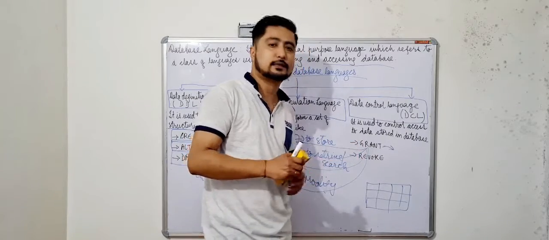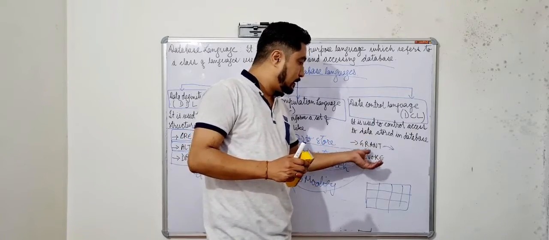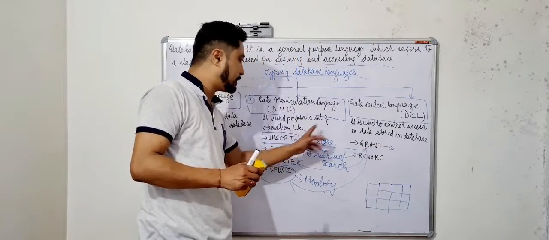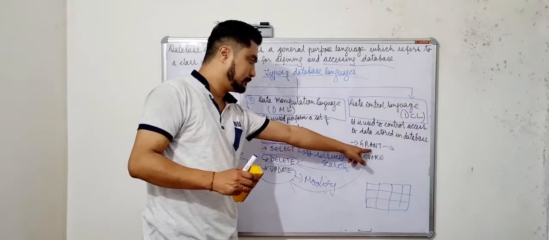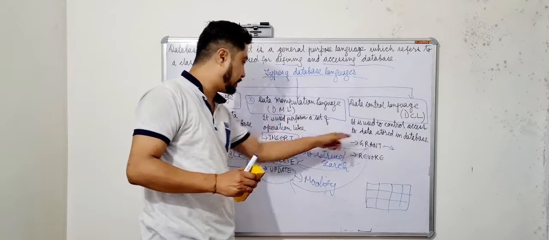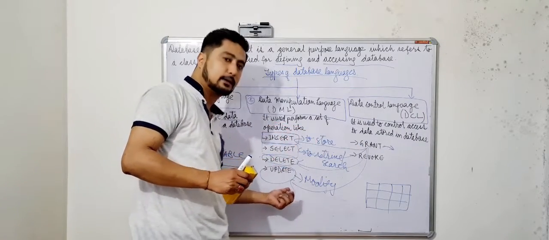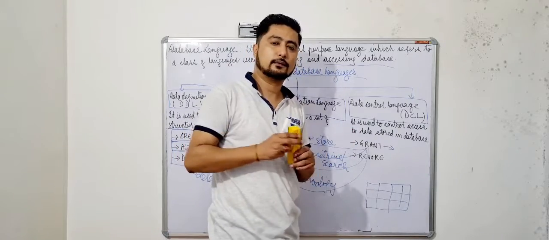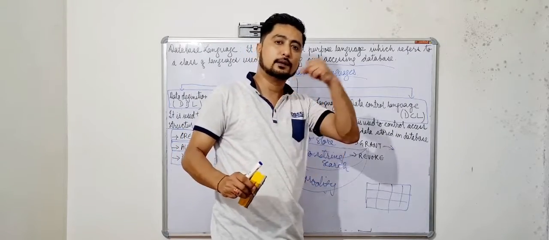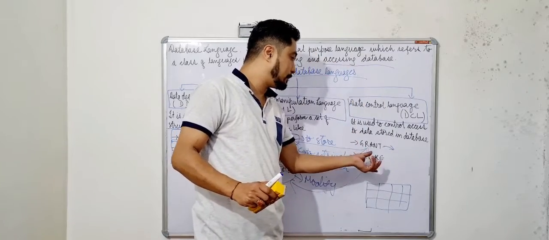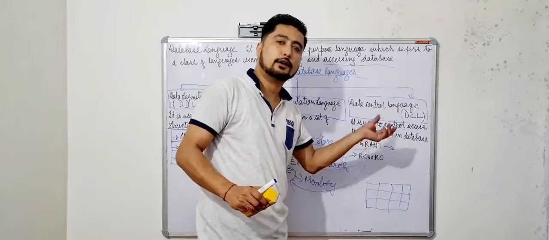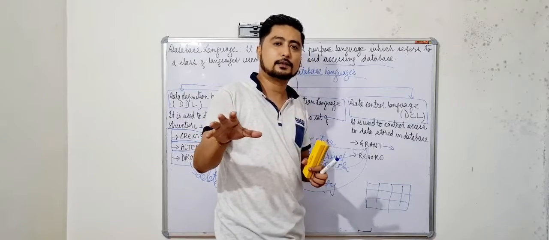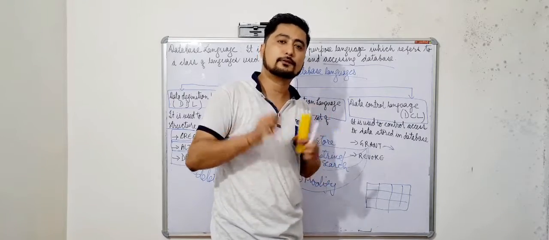Now next is revoke. What is this revoke command? If the database administrator has given all that permission and wants to remove it, we use the revoke command to remove the granted permission from the database.